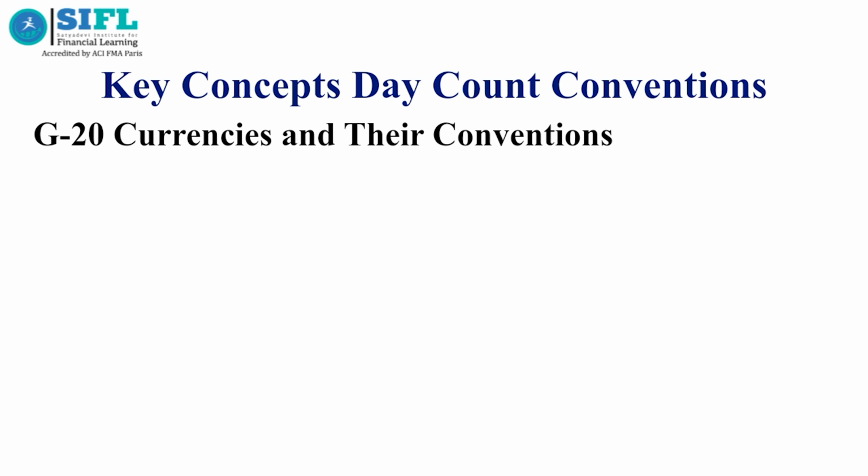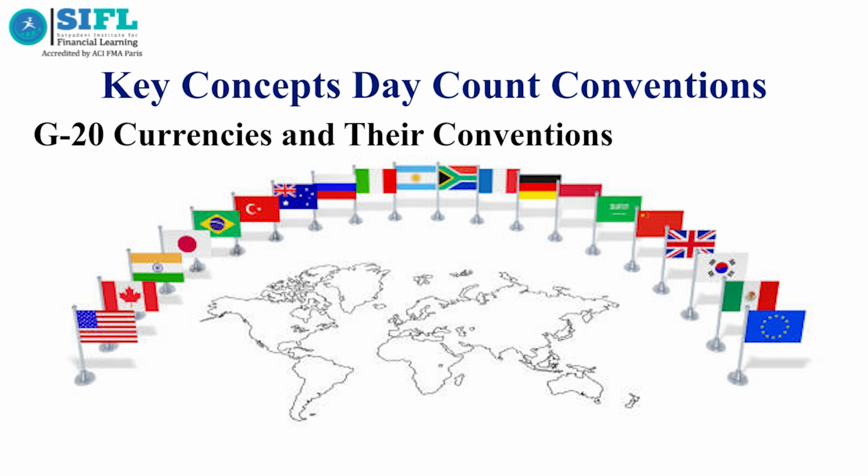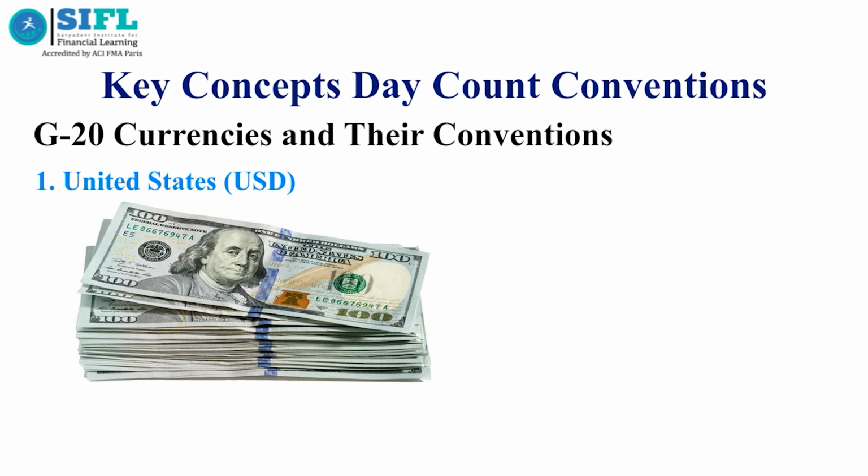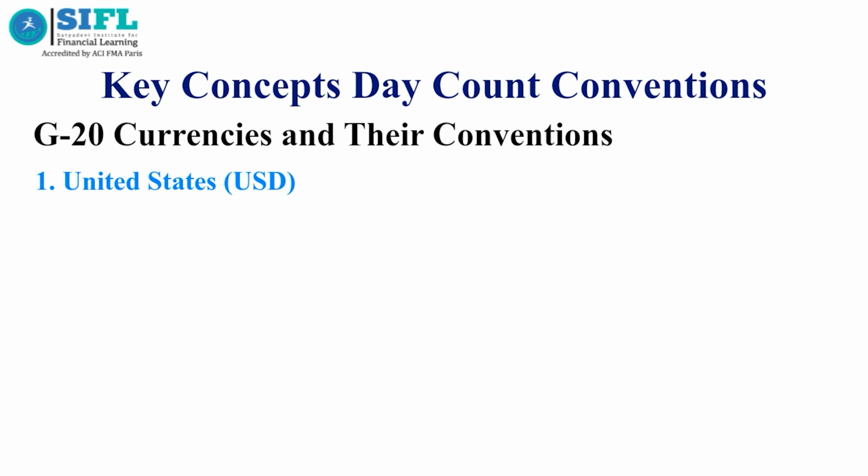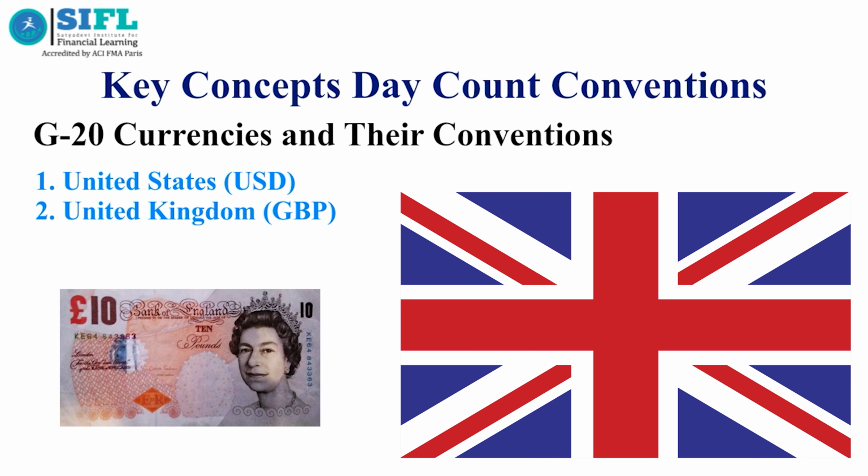Let's look at the day count conventions used for the major currencies of the G20 countries. 1. United States USD. Convention. Actual by 360. Used for money market instruments. 2. United Kingdom GBP. Convention. Actual by 365 fixed.